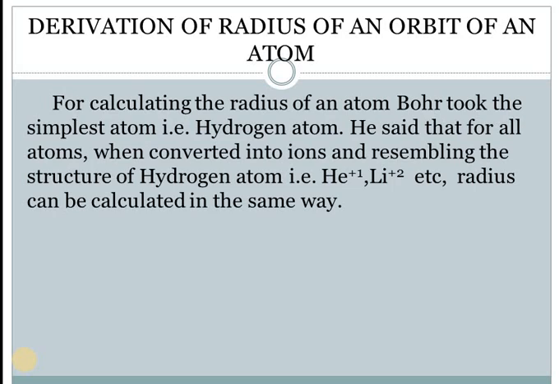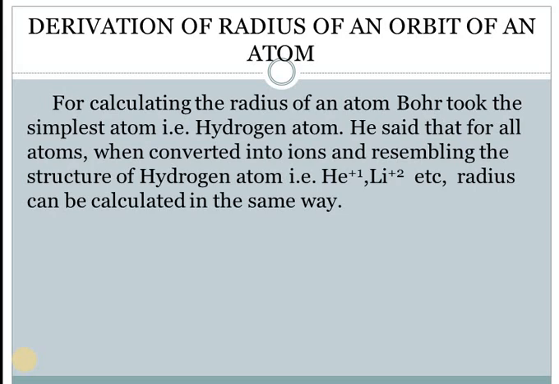Now for calculating the radius of an atom, Bohr took the simplest atom, which is the hydrogen atom. Why is hydrogen the simplest? Because it has 1 proton and 1 electron around it, without any neutrons. So we are basically studying the relationship between an electron and a proton.